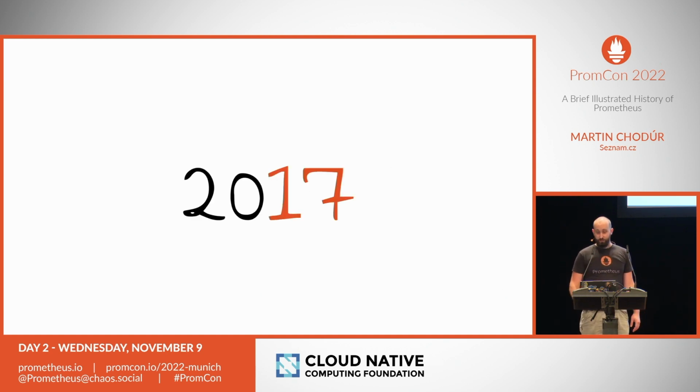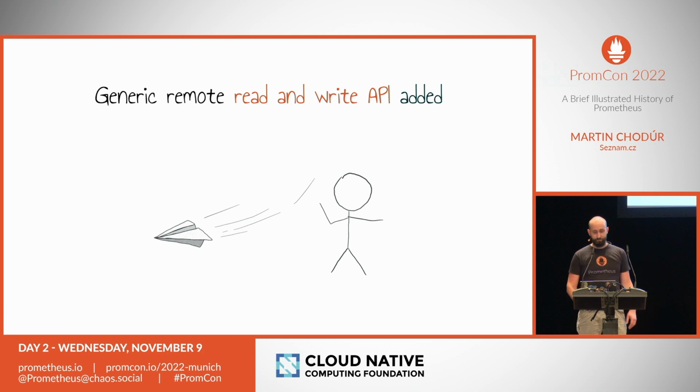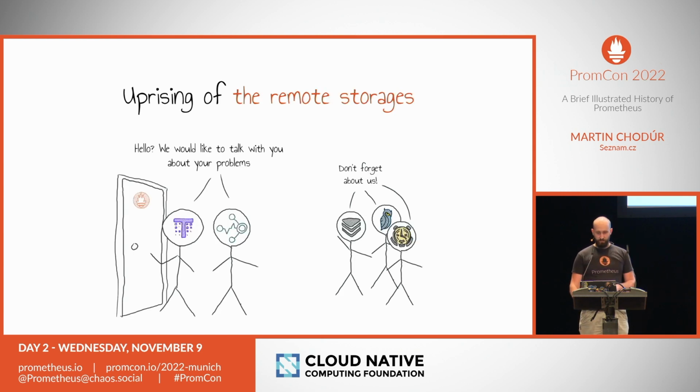And then year 2017 came, and the generic remote read and write API was added to Prometheus, which allowed us to use or build remote storages for Prometheus that were supposed to solve those issues.